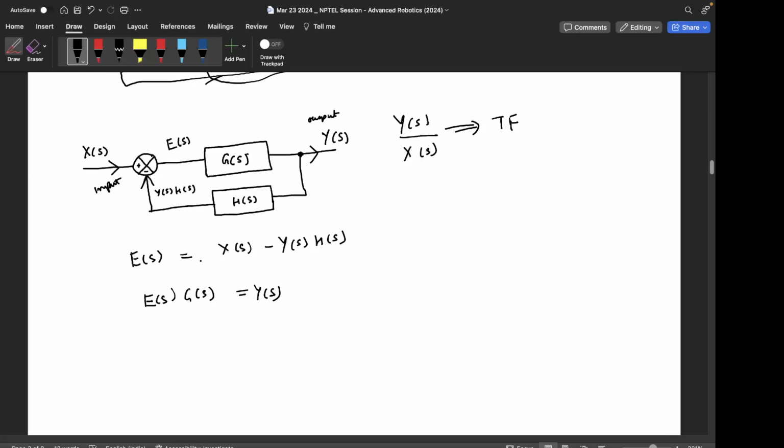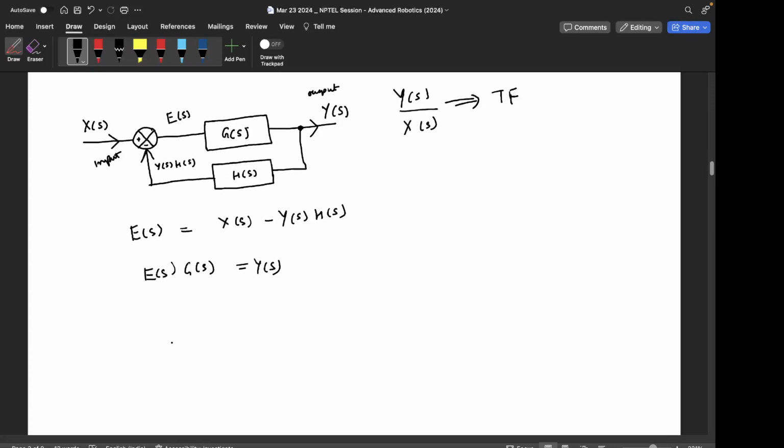Now in both these equations, if you replace the value of E(s) from the first equation into the second, then what you will get is, I will just drop the dependency on writing (s) everywhere, but just remember that there is a dependence on s: (X minus YH) times G is equal to Y. Now once you get this relation, the only thing that is left is to bring Y and X on one side and other terms to the other side.